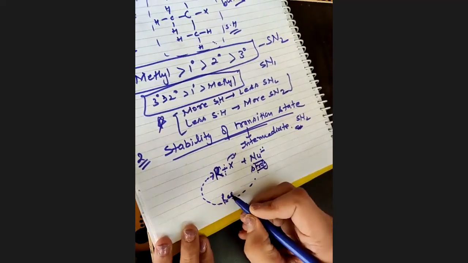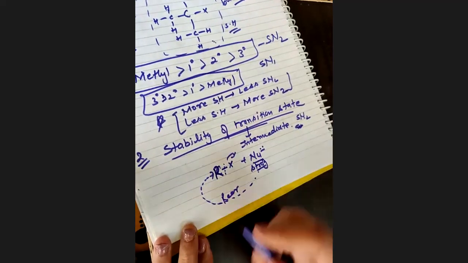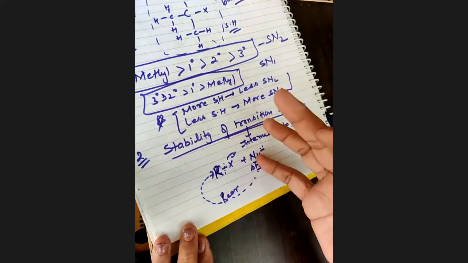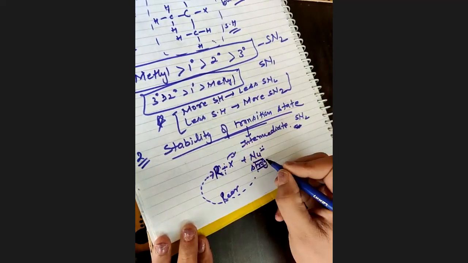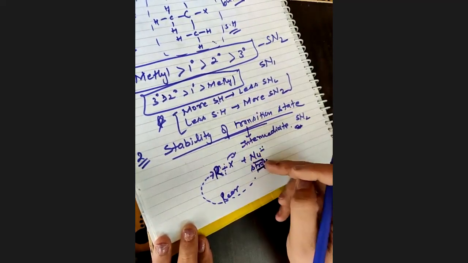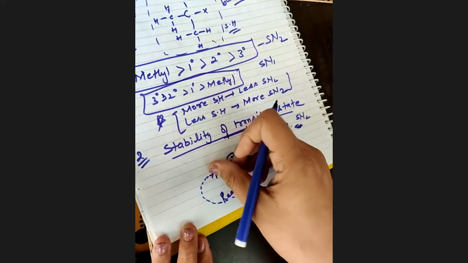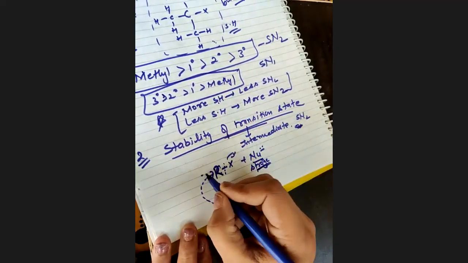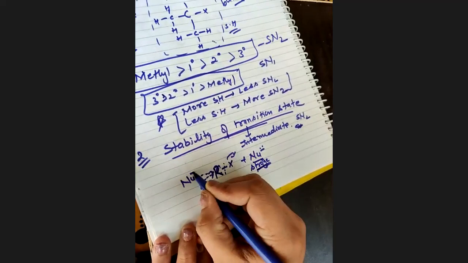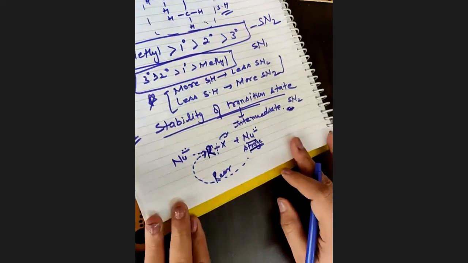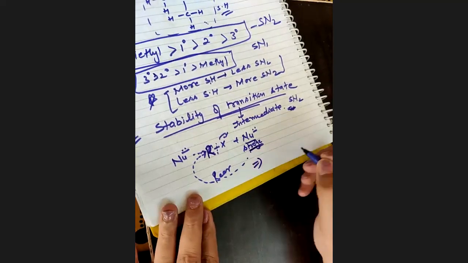This is known as rear side. Rear side means back side. Because of its strong characteristic, it attacks from the rear side, and when it attacks, this will be considered as the transition state.